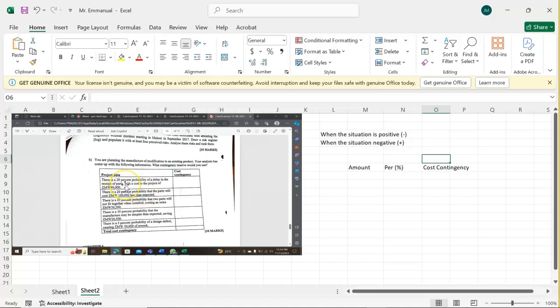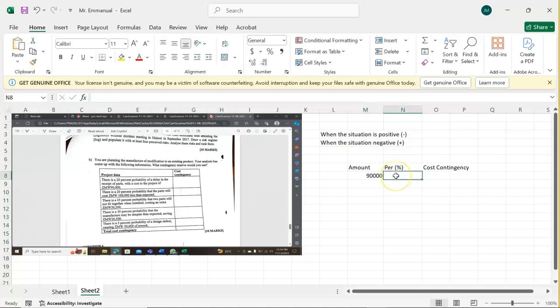Is it a good thing or a bad thing? You order something, but they will delay. It's a bad thing, a negative situation. So the number remains a positive number. So I'll put 90,000 there.